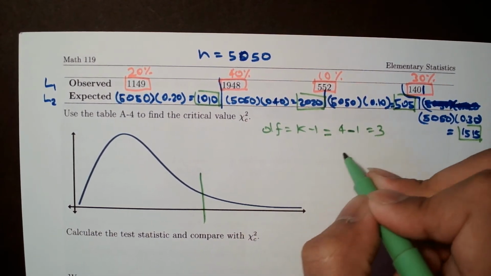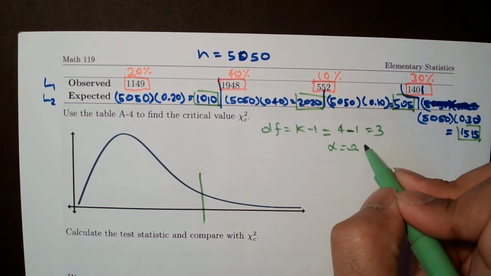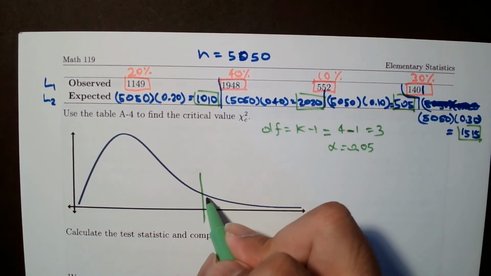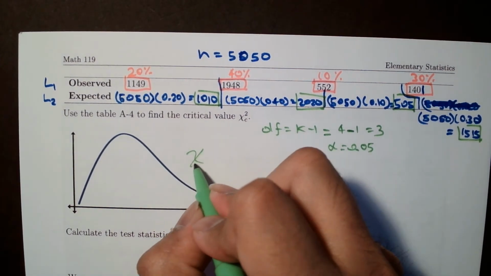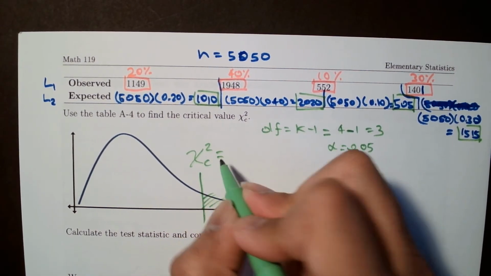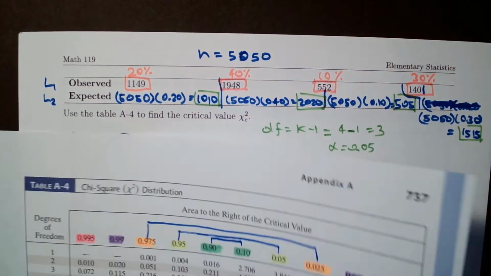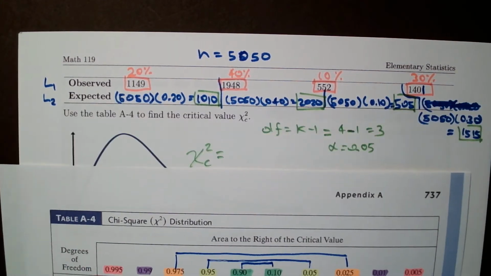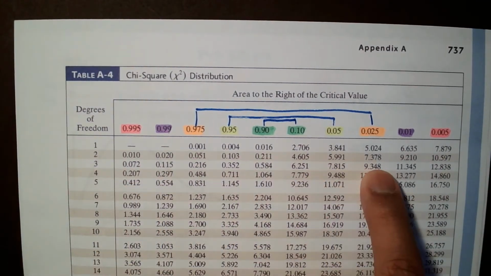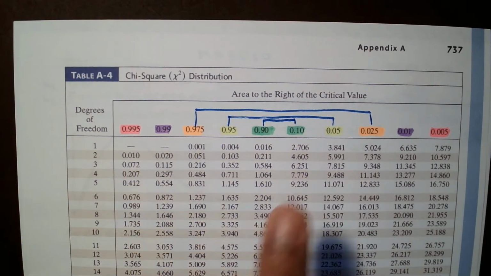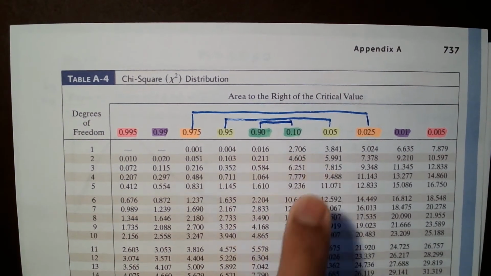And with alpha 0.05, chi-square critical, we go to the table. So 3 degrees of freedom, alpha 0.05, that's 7.815. All right.